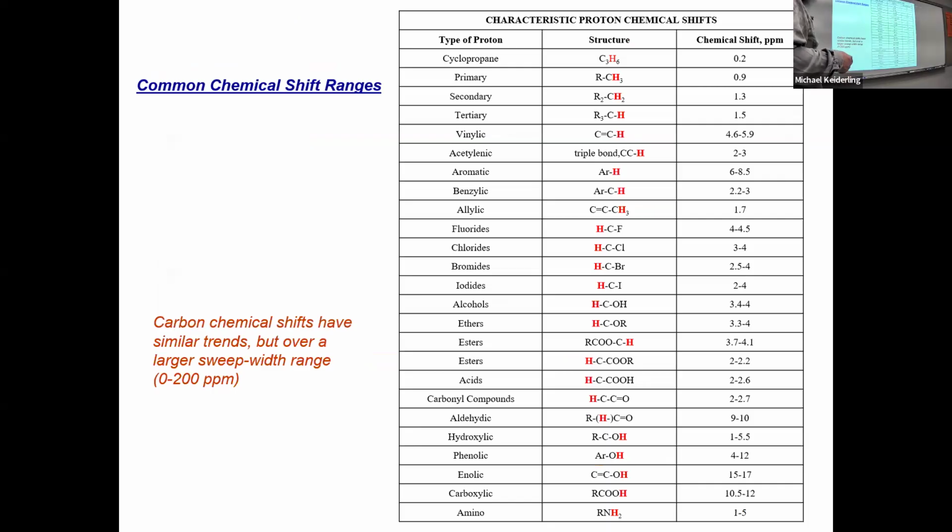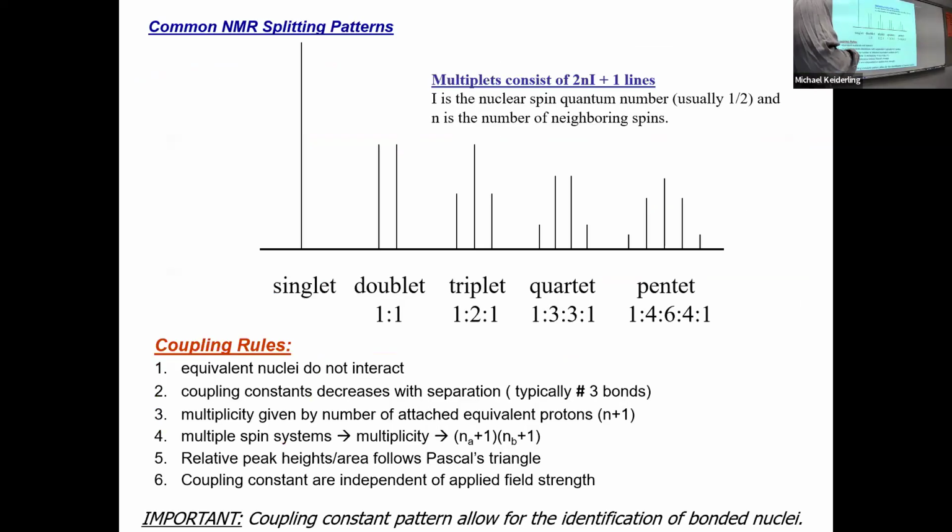These tables are a little better, maybe a little more helpful. And then the splitting pattern tells you what atoms are nearby. So equivalent nuclei don't interact.